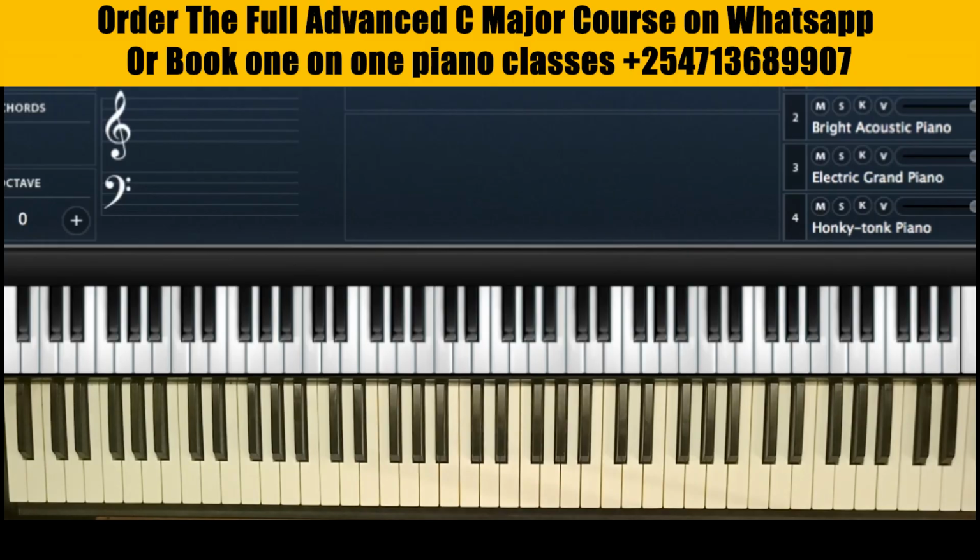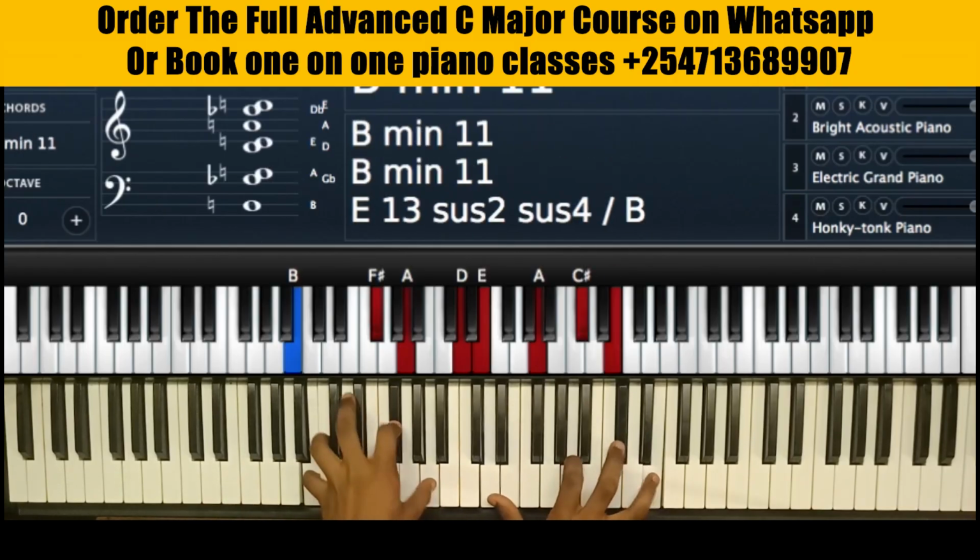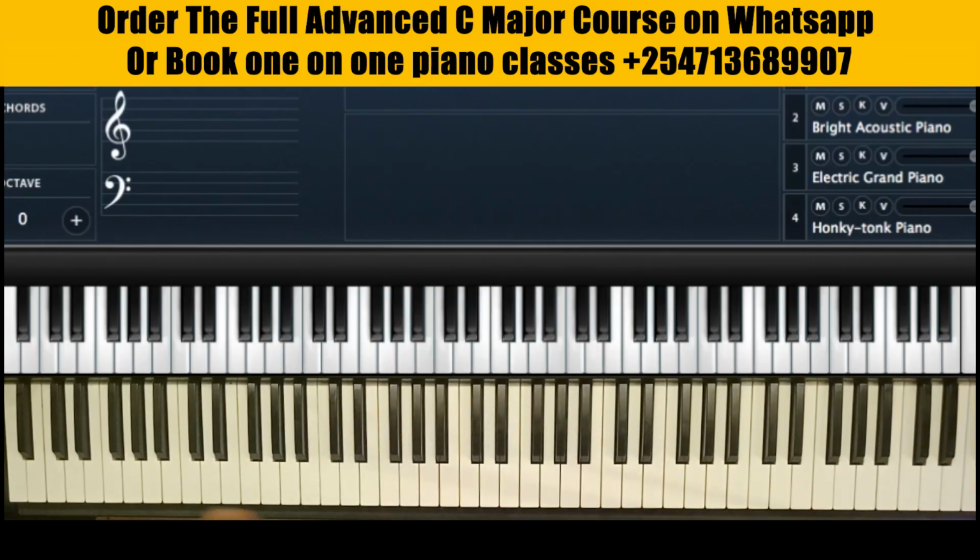So instead of just doing that all the time, let's substitute the 7. Instead of playing the A major, play the A augmented. It's actually that simple.